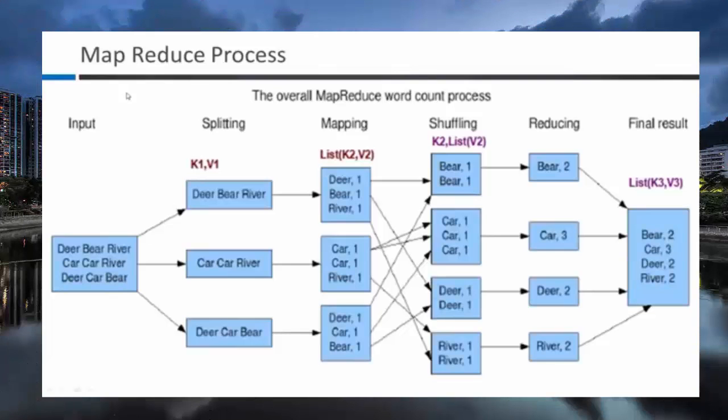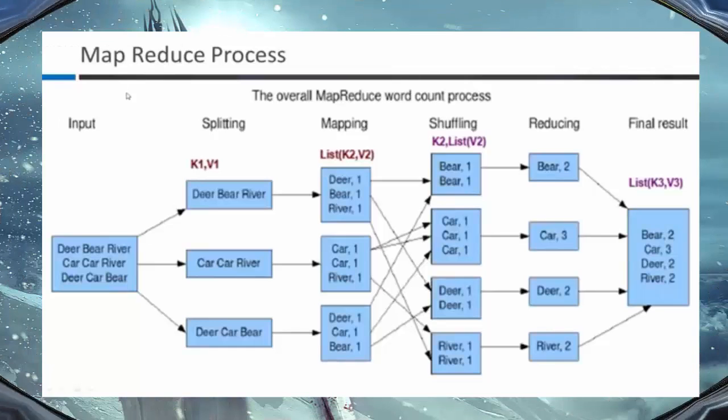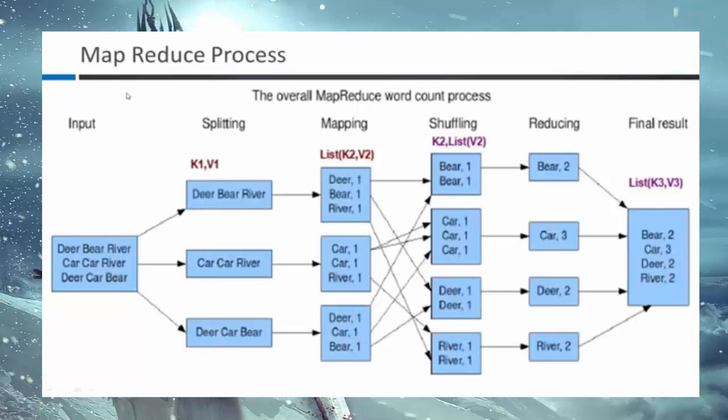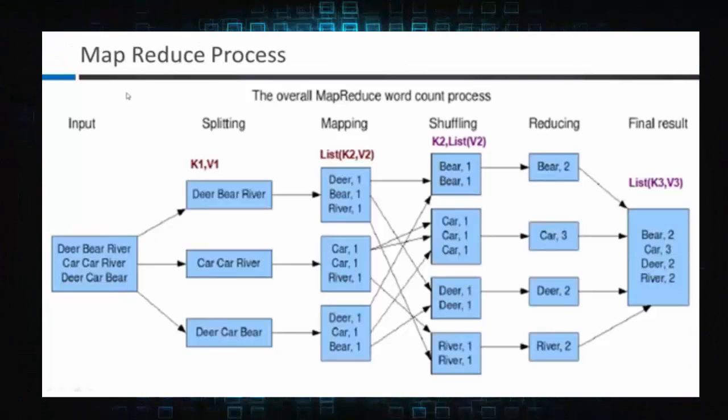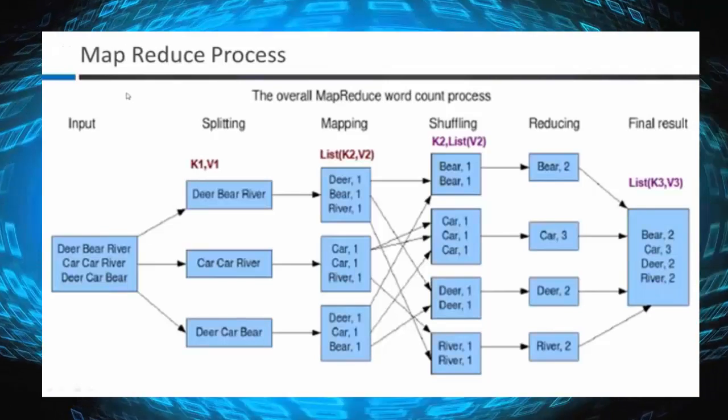Then in this you say deer comes once, bear comes once, river comes once. So this is that list with the mapping which we are talking about. Don't worry about the terms at the top. Shuffling, reducing, finalizing, all this terminology will become very clear very soon.